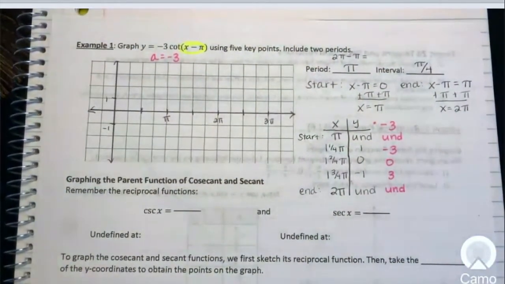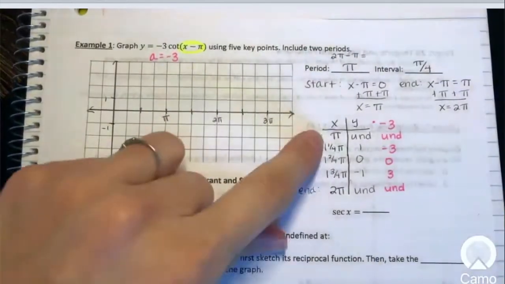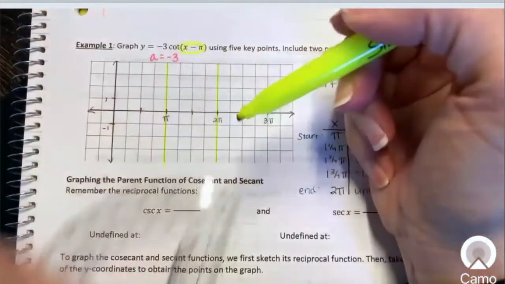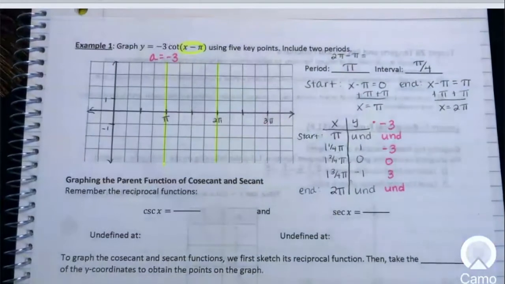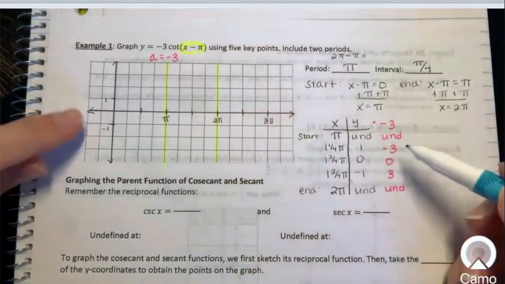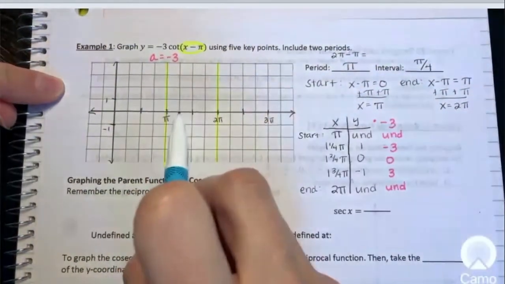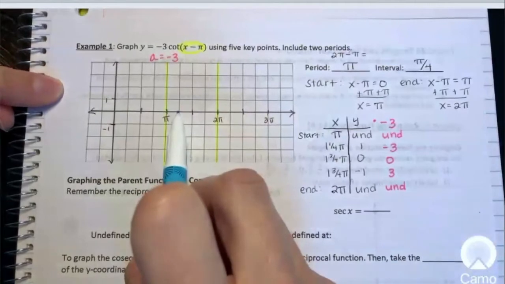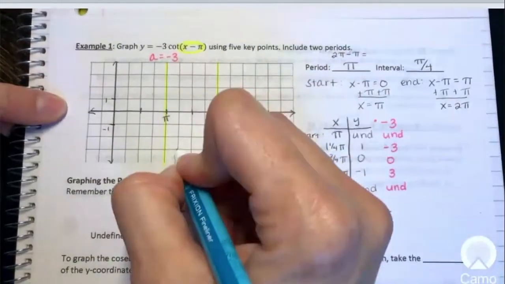Our vertical asymptotes are happening at pi and 2 pi. And we can graph our other key points. So we are going from 1 1/4 pi and then down to -3.